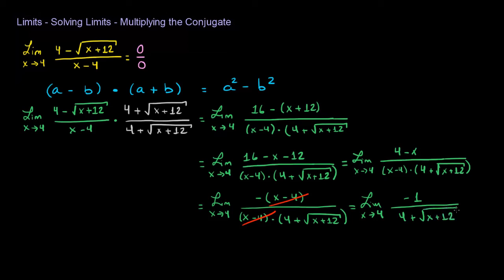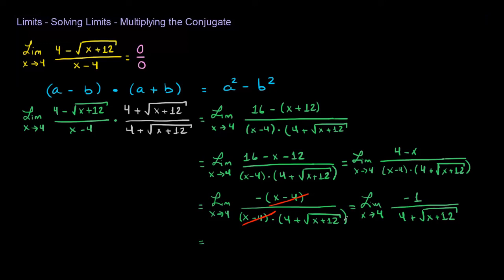Now that we cancel out this x minus 4 from the previous step, we have to try substituting x as 4 in the expression to see if we get an undefined. We can just see that we won't get an undefined.